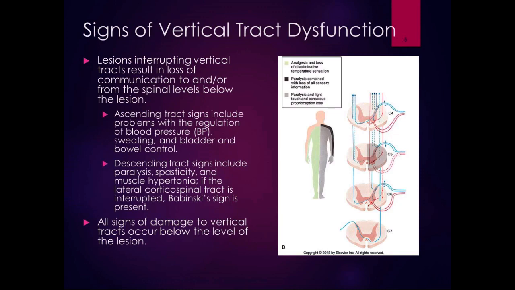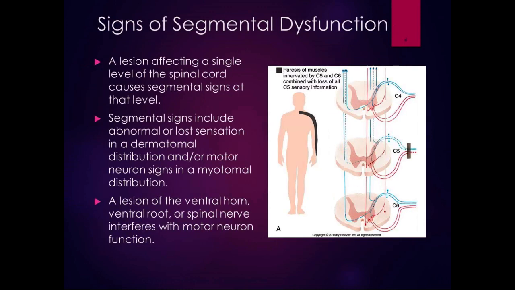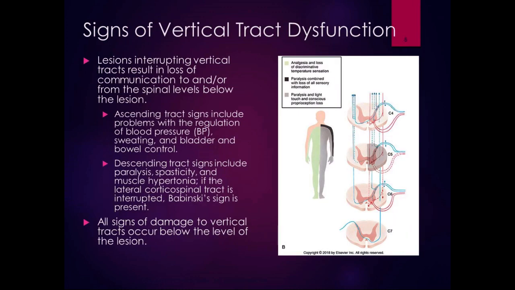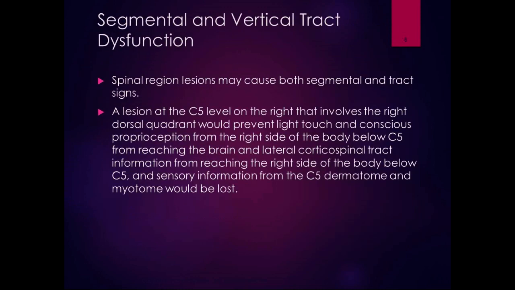So in the previous slide, we had that one level affected, that C5 level. In this one, we have everything below the C5 level affected, and that is a sign of vertical tract dysfunction.